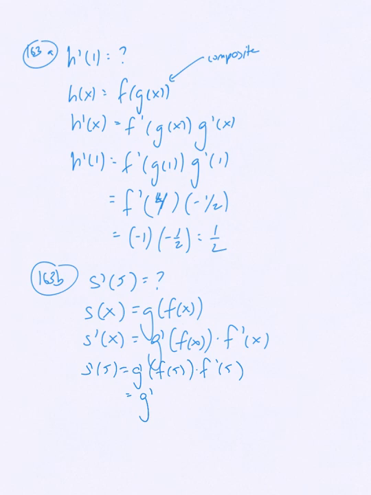F of 5, looking at the graph, when x is 5, f of x is 6, and the slope there is a negative 1. Then switching to the graph of g, we want the slope at 6. Oh no, there is a sharp corner there. So g prime of 6 doesn't exist, okay? It looks like our function is not differentiable there. So that's what I'm going to say, is that S prime of 5 is undefined.